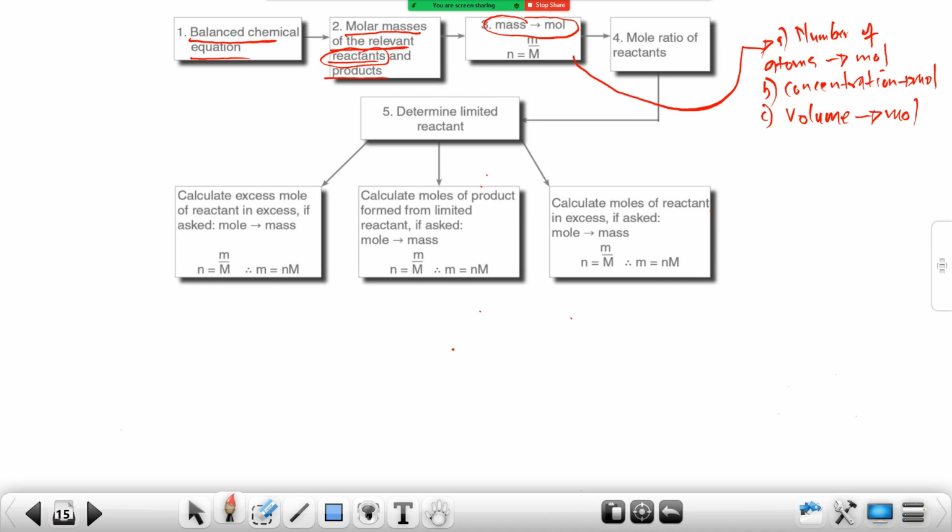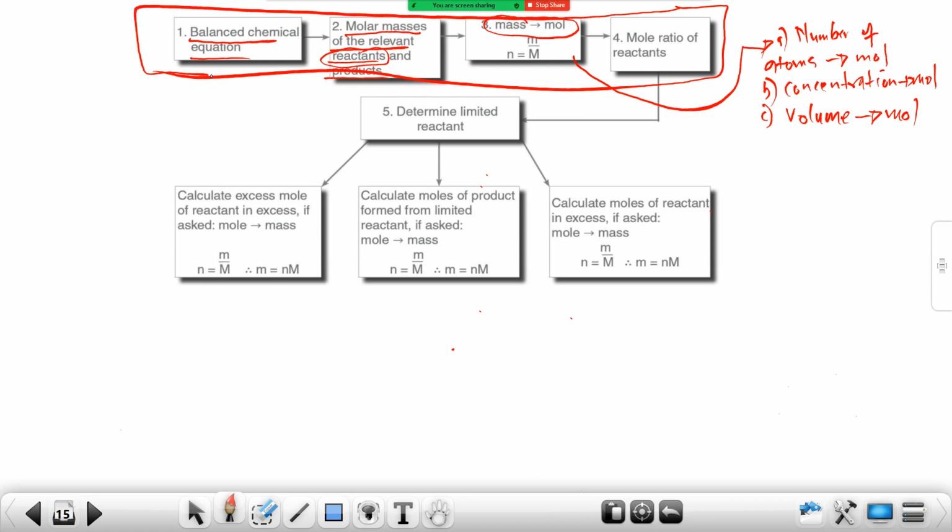So if it's the number of moles, it means I am able to do the extended science. So if I have the number of moles, obviously 1, 2, 3, and 4, this will always be given. 100% will always be given.